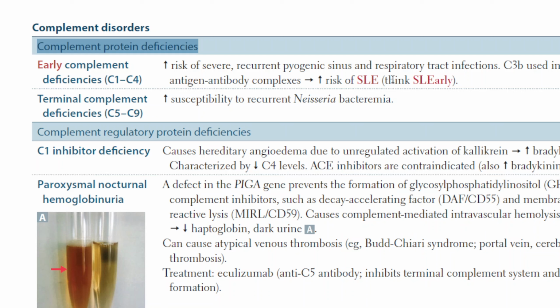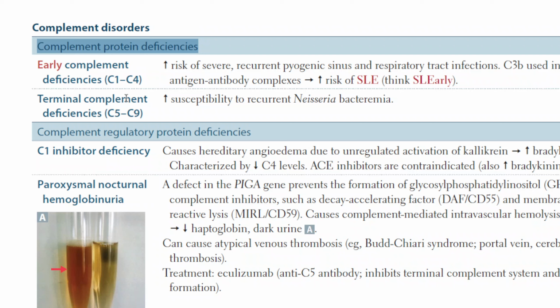The mnemonic will be think early. Think early. In this case, think slowly. So early complement deficiency is C1 to C4, and it's going to give you a higher risk of pyogenic sinus and respiratory tract infection, and it's associated with a higher risk of systemic lupus erythematosus.